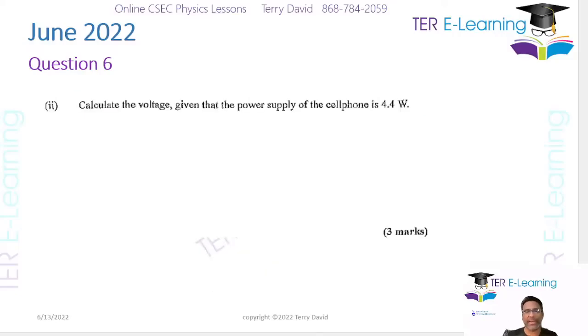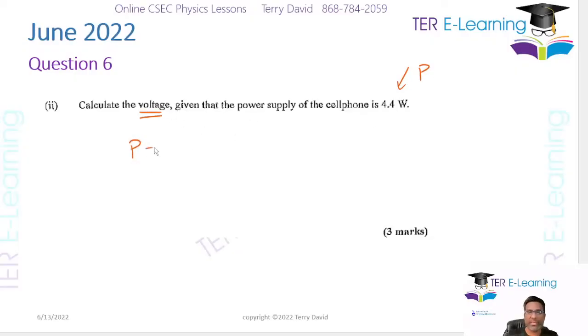Then what else do they want here? Calculate the voltage given that the power supply of the cell phone is 4.4 watts. So they want us to get V. This here is P, so we need to find some formula.